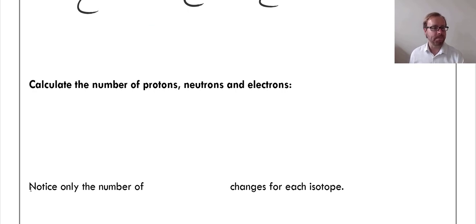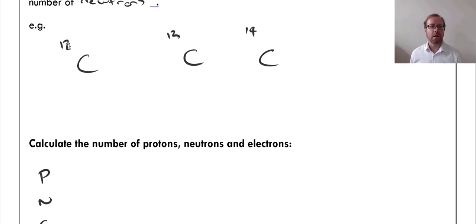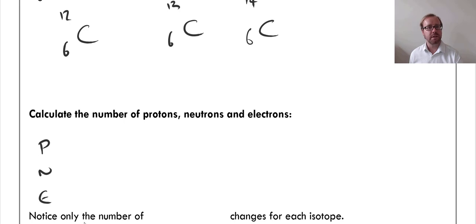Okay, so I made this slightly trickier. As you may have noticed, I only gave you one number. I only gave you the mass numbers. Therefore, you had to go and search up on your periodic table, which should be in front of you, I hope, and find out the atomic number of carbon, which is 6. Therefore, we can now work out the number of protons, neutrons and electrons in these 3 isotopes.